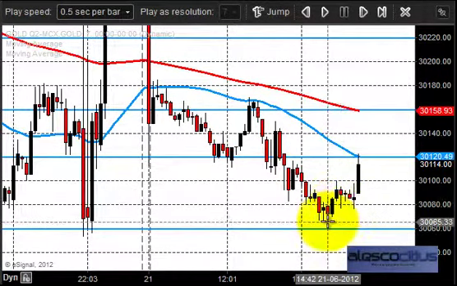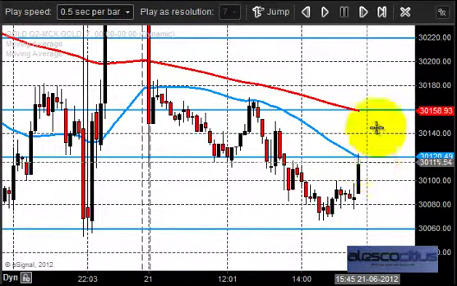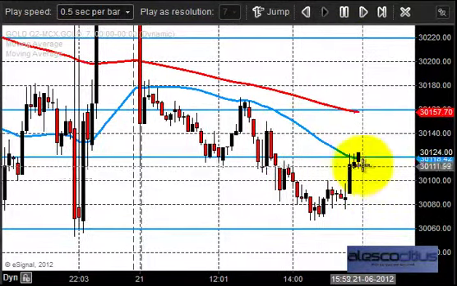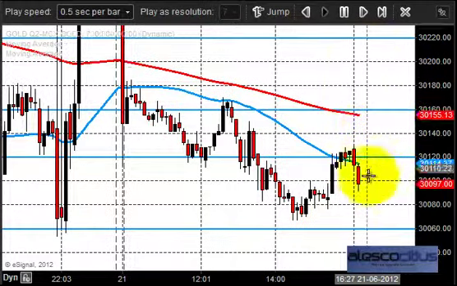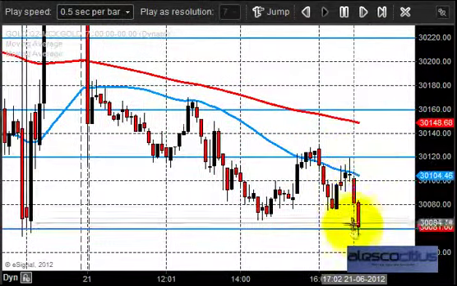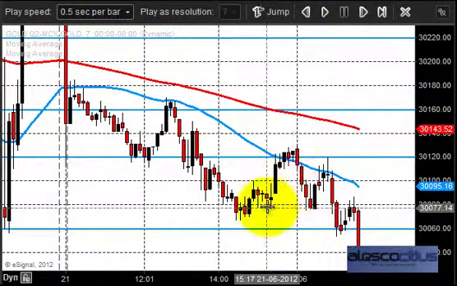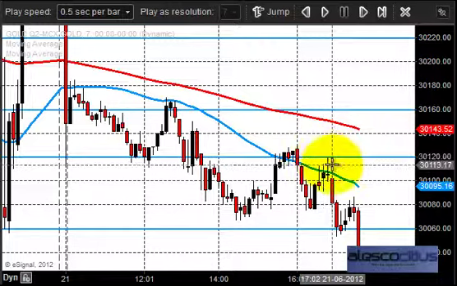What we should expect is to target the resistance zone of 30,120. We should see whether the market can sustain above this zone. A failure to sustain 30,120 has pushed the market down again.